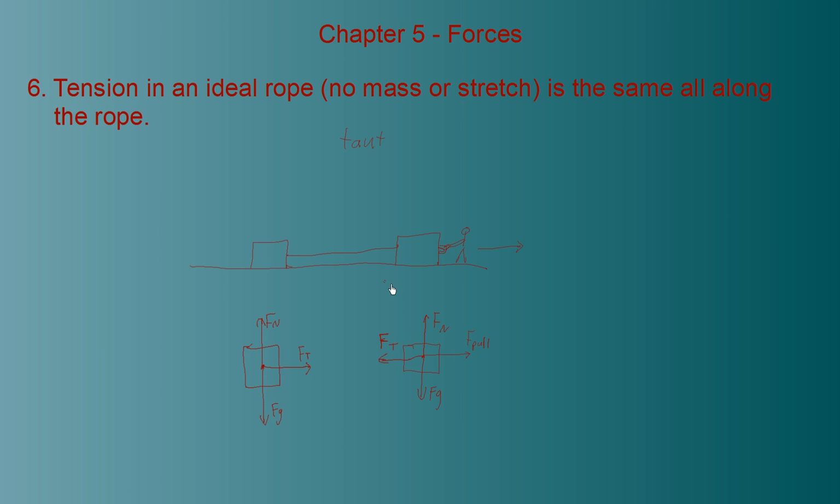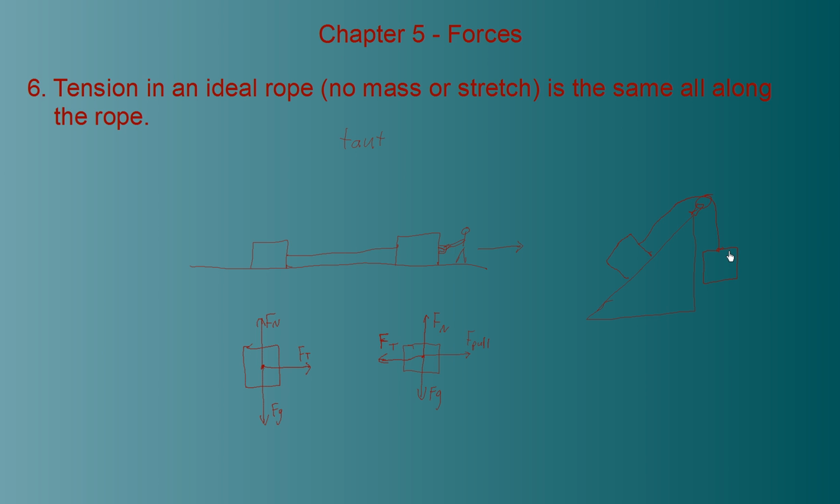So when you draw a free body diagram, that's often a way to link the two objects. You know that this tension and this tension are equal. Another way of showing that, if you have a ramp here, and say there's a little pulley at the top, you have a block here on the ramp and a rope wrapped around the pulley to a hanging mass.